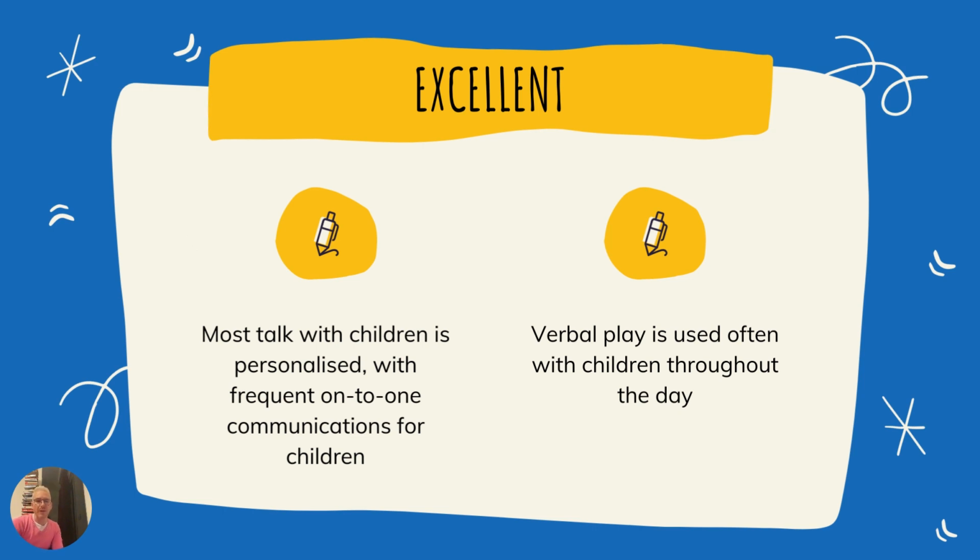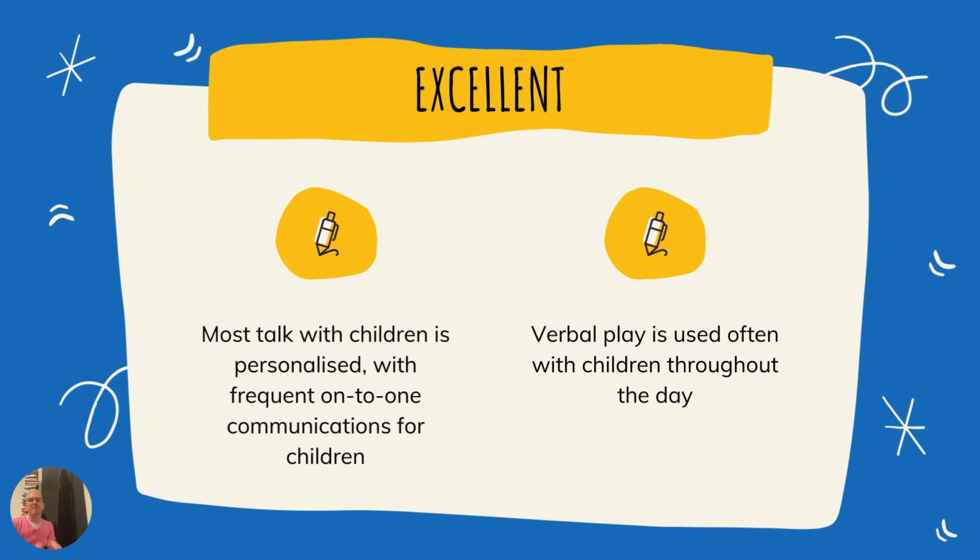So most talk with children is personalised with frequent one-to-one communications for children. Verbal play is used often with children throughout the day. Okay, and obviously if you're meeting only one of those and you've met all of the goods and all of the minimals, then you would be coming out at a number 6. And if you're meeting both of those, then you would be coming out at a number 7.